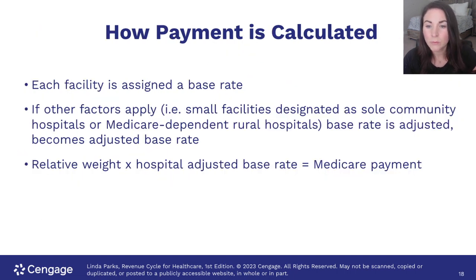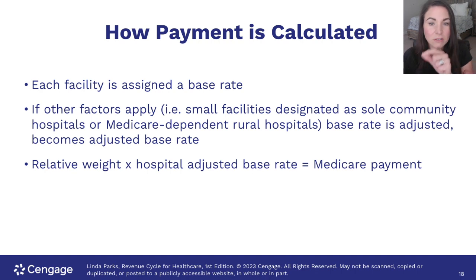Now, how is the actual payment calculated? The DRGs are the same payment-wise for every facility, but some hospitals can receive those add-on payments that I mentioned earlier, like the disproportionate share, medical education, and so on. So each facility is assigned a base rate that takes these add-ons and other factors into account. And so then it's called the adjusted base rate.